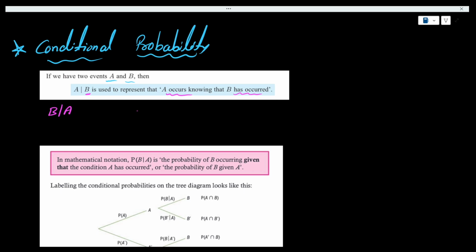So when I am writing this, we need to find the probability of happening of A, given that B has already happened, B has occurred, right? Or if I'm writing B vertical line A, the probability of event B happening when we know that A has already occurred or A has happened. This is called conditional probability, when one condition is given.